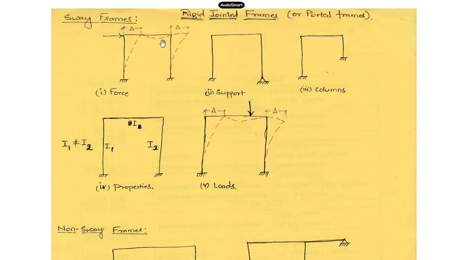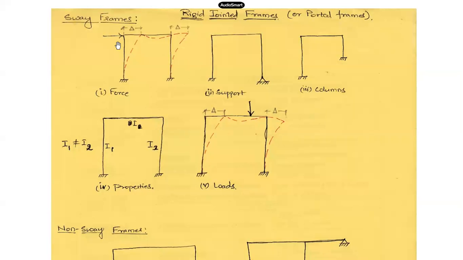A frame, when subjected to loading, can undergo horizontal displacement. If that happens, then we call it a sway frame, in case any frame is undergoing such lateral displacement. Where do you find these frames? You have buildings, where you have the beam and column network, and that itself is a frame.